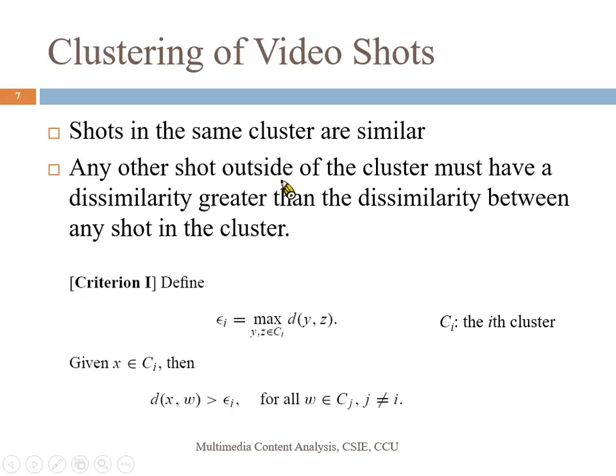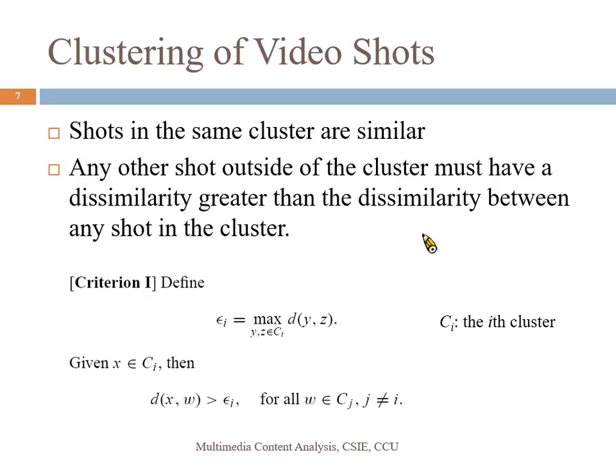Okay, after calculating the distance between video shots, now we are ready to cluster similar video shots together. Any other shot outside the cluster must have a distance greater than the distance between any shot in the cluster.